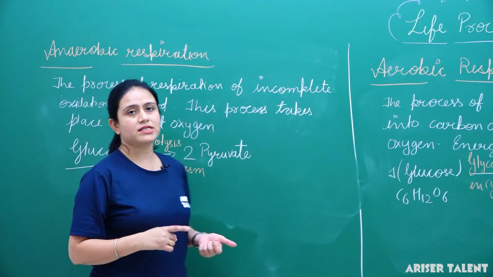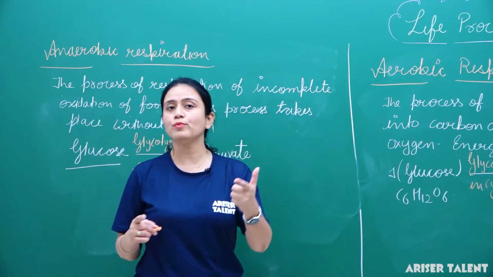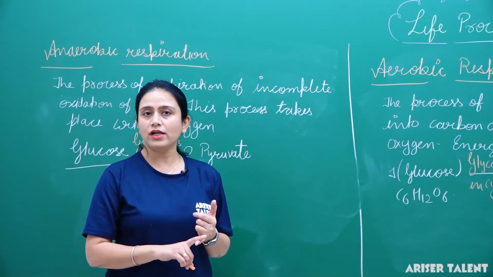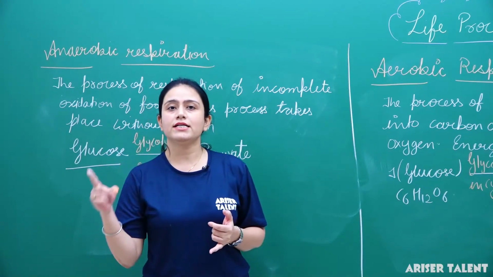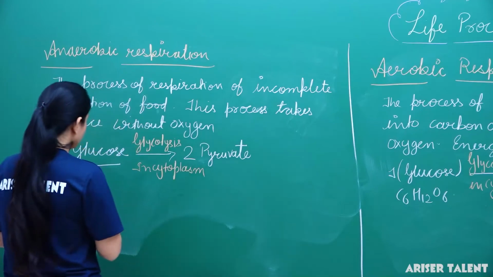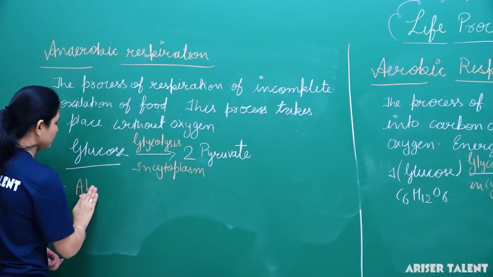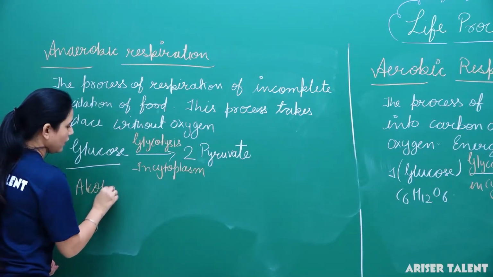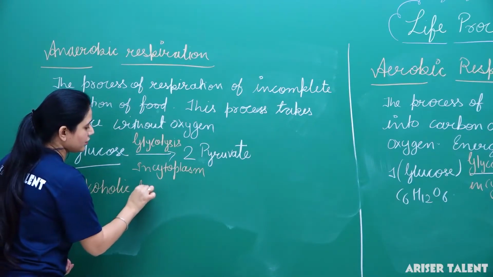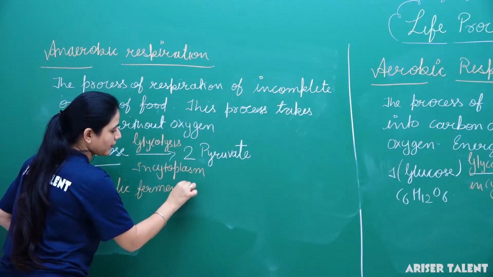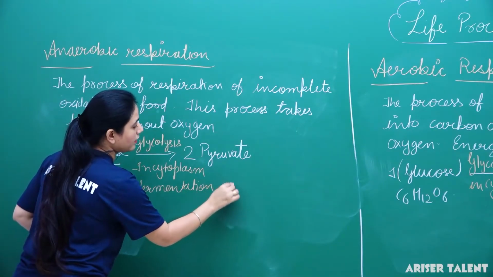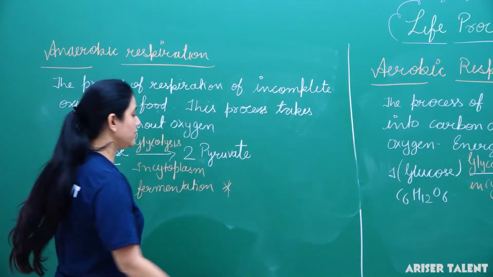Now anaerobic respiration completes in 2 processes. What are they? Alcoholic fermentation and lactic acid fermentation. First of all we will talk about alcoholic fermentation, and another is lactic acid fermentation.